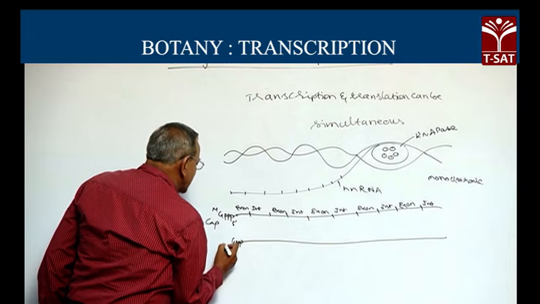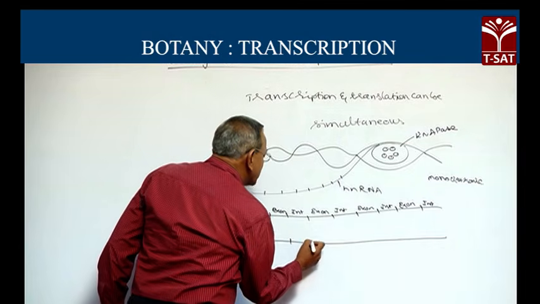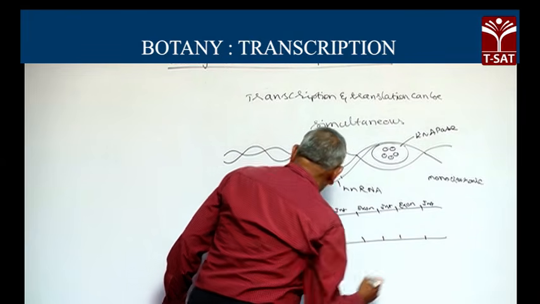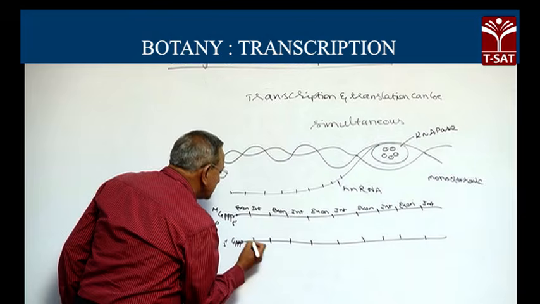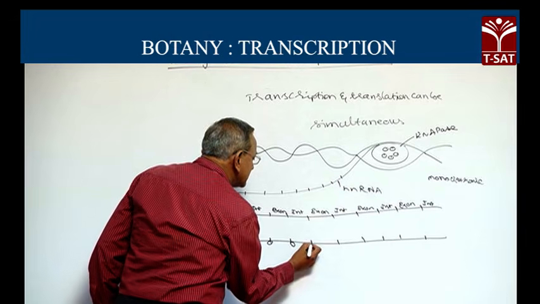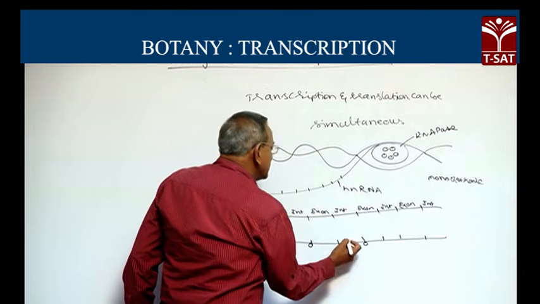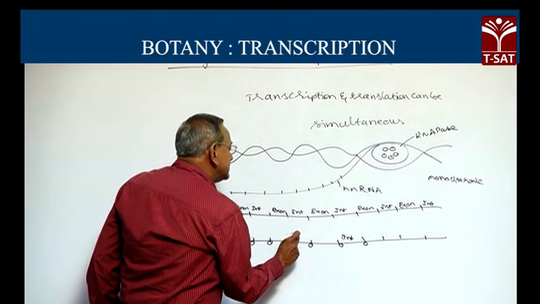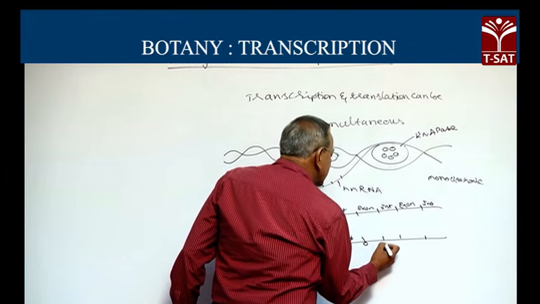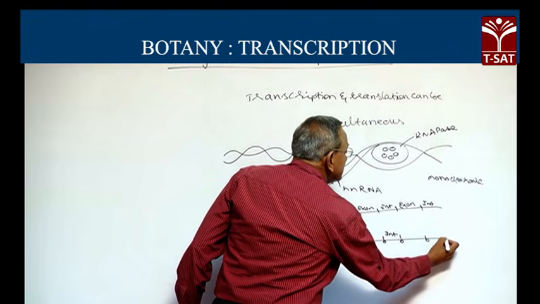So this is the 5 end we are referring to. Now at the beginning and ending of intron, there is binding of snRNA, and this is intron portion, and this is intron portion, this is also intron portion, and at the beginning and ending we have snRNA.